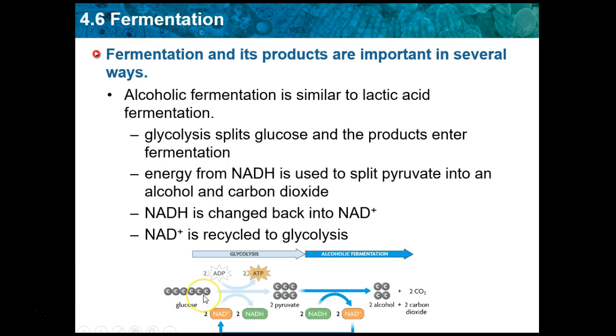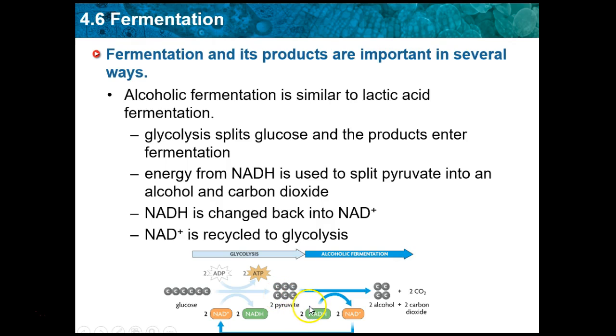We have a 6-carbon glucose that enters into the glycolysis cycle. We end up with 2 ADP that become 2 ATP. We end up with 2 NAD that become 2 NADH. At that point, we wind up with 2 pyruvates.